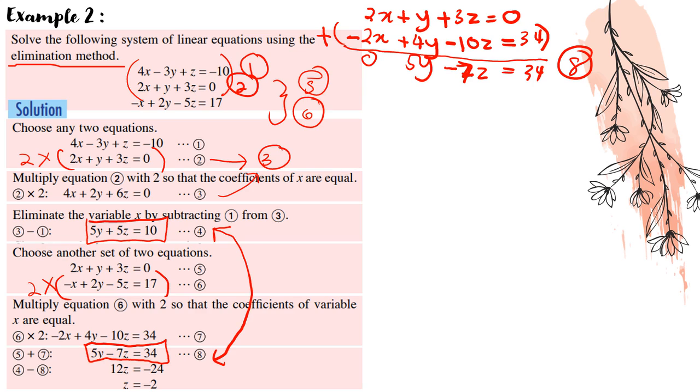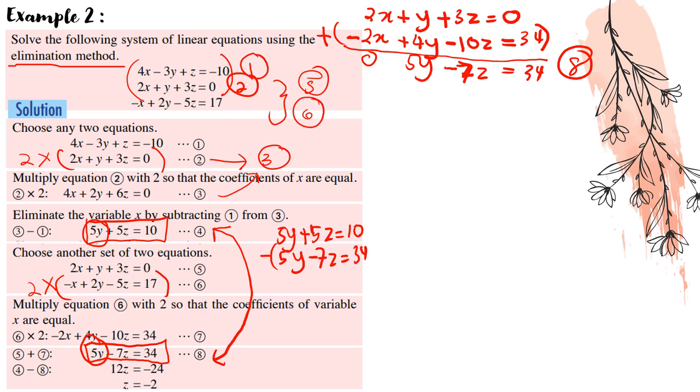Since the coefficient for y is already the same, you can use subtraction. Let's say 4 minus 8, so 5y plus 5z is equal to 10, and then you have 5y minus 7z is equal to 34.